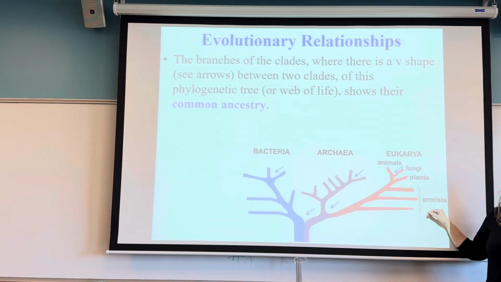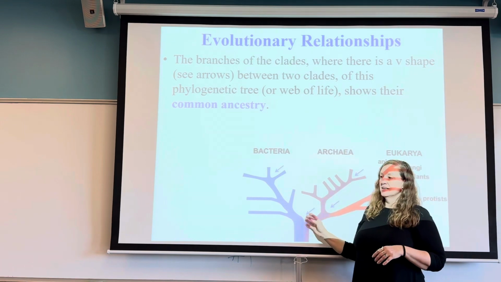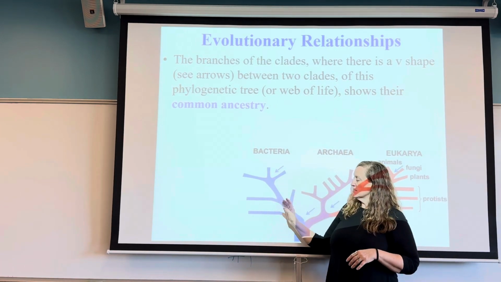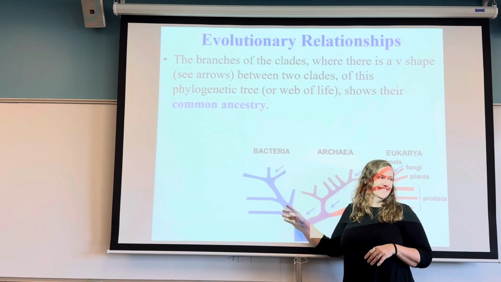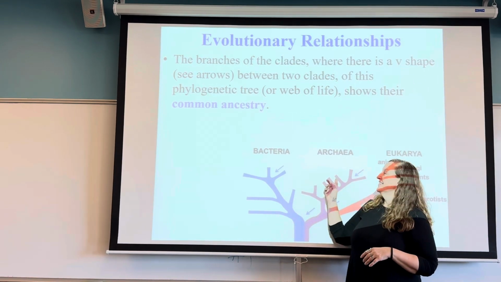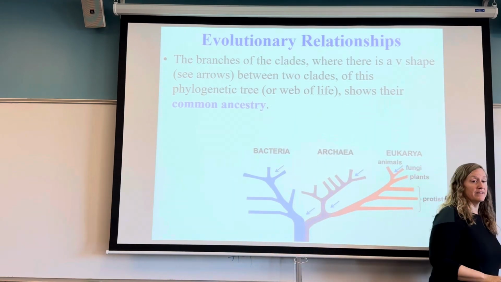We have a lot of this named. We have the taxon or the clades named here. We just haven't named these. And these are where they think some branches occur, but there's no kingdoms yet even in the archaea and the bacteria. People are working on that. They're starting to separate them.